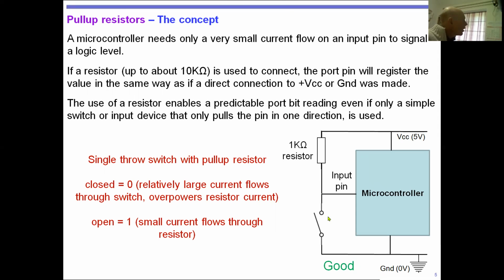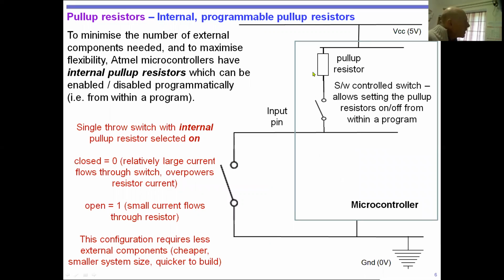So what if we have a pull-up resistor built into the microcontroller, which we do have? Why don't we just turn that on? So then we only need our external switch, but internally we have the resistor. We can turn this on and off with software. So when we say to put the pull-up resistors on, they're already in. All we've got to do is turn them on in the programming, which I've shown you in a previous slide earlier on, but I think it's also potentially on the next slide.